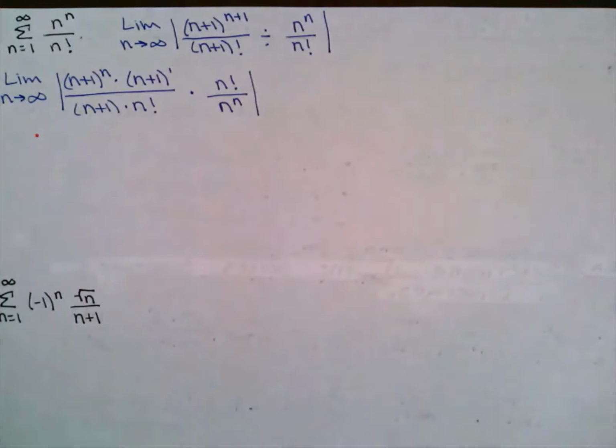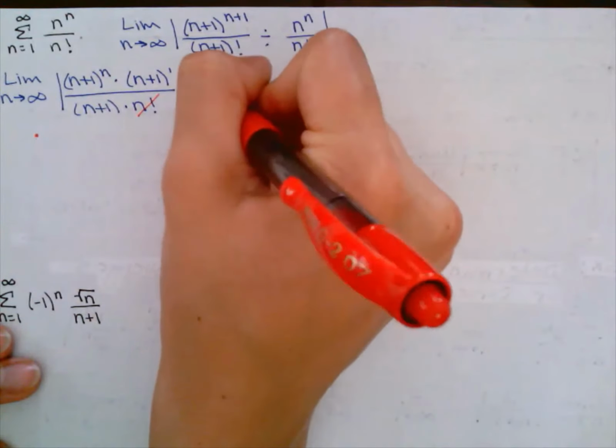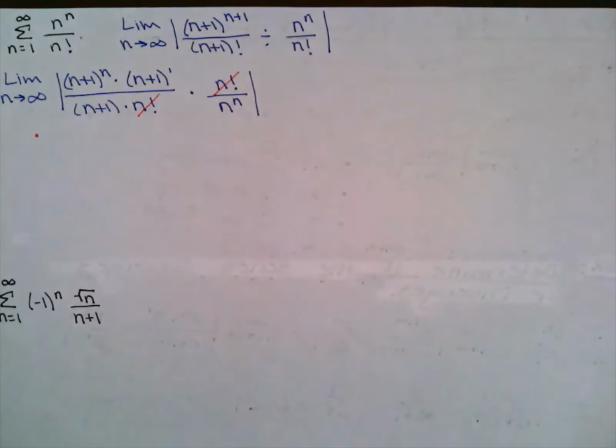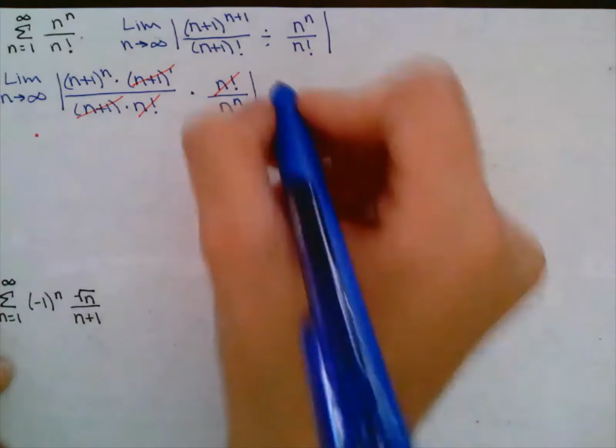Okay, let's see if there's anything we can go cleaning. I see this n factorial. I also have this n plus 1 that cancels out. So let's go looking at what we have left here.